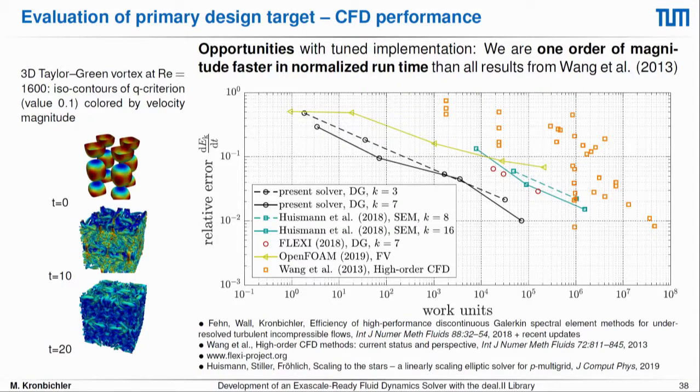Then there are different codes on the right-hand side. When you look at our results, we are in the lower left by an order of magnitude or more, which is a nice result, given that CFD is a mature field. Obviously, these are high-order CFD methods that they're using there, but it's really something that people have shied away from trying to optimize. And we really were able to show that you can do quite a lot if you know about the hardware.